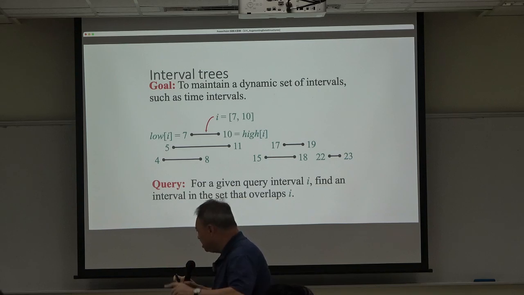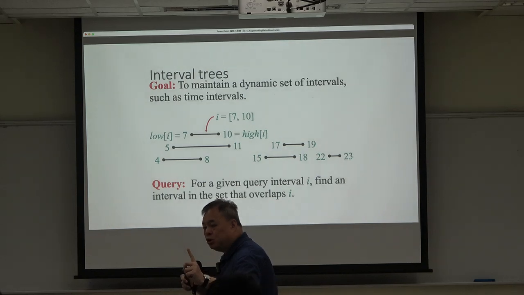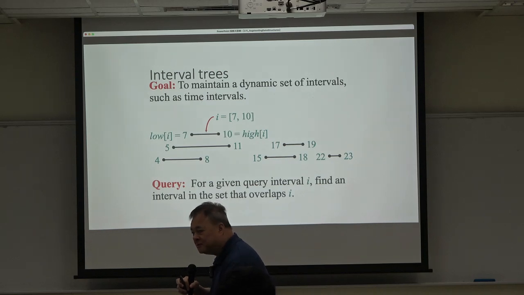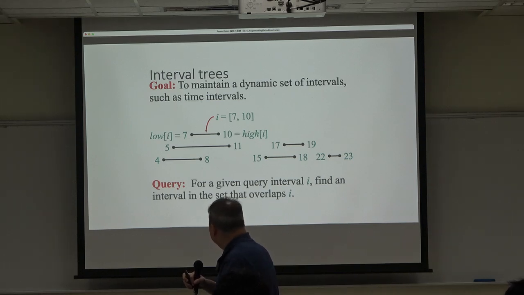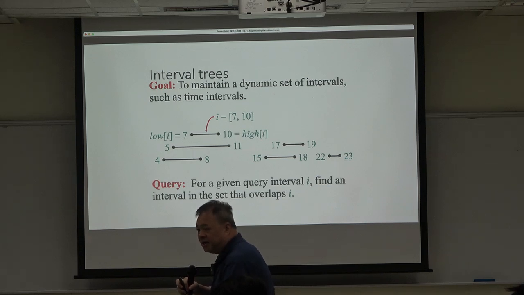The first type, such as this one, we only want to find an interval in the set that overlaps I, just one of them. Obviously, you could have multiple intervals that overlap with this query interval. The other possible query is, for a given query interval I, you want to find all the intervals in the set that overlap I. So these are two different problems.